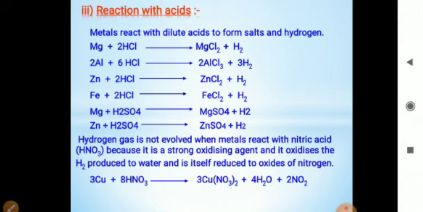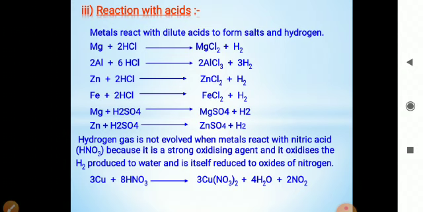So as the metal reacts with nitric acid, hydrogen gas will evolve, and that hydrogen gas is oxidized by the nitric acid, because nitric acid is a strong oxidizing agent.